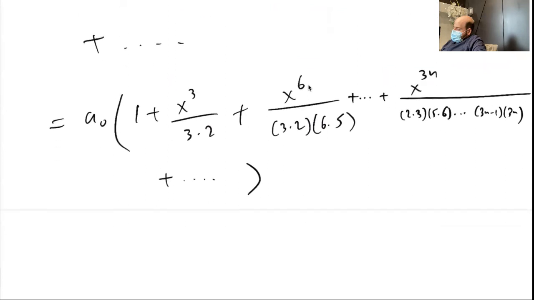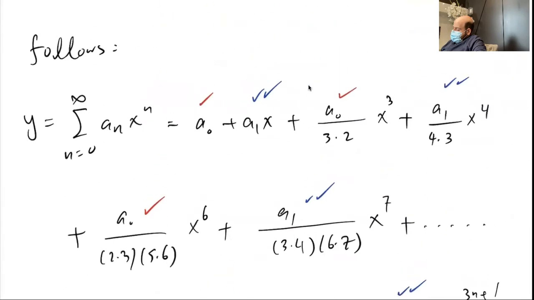So this is a0 times this, plus a1 times, now what about a1?